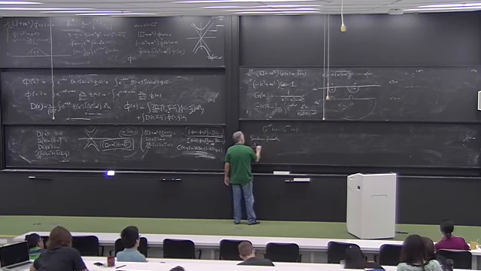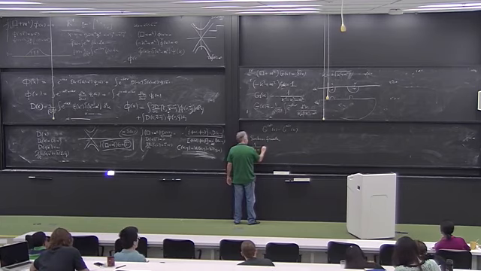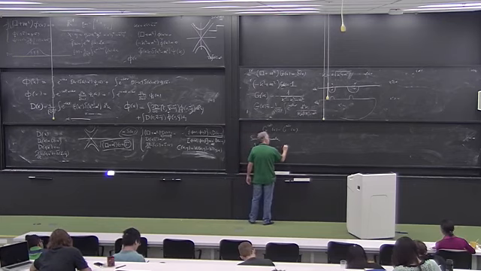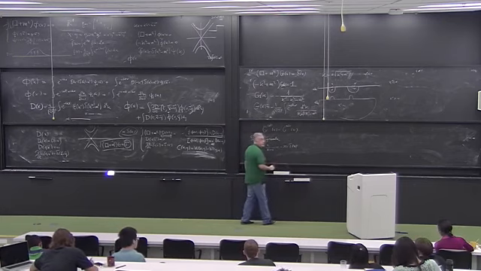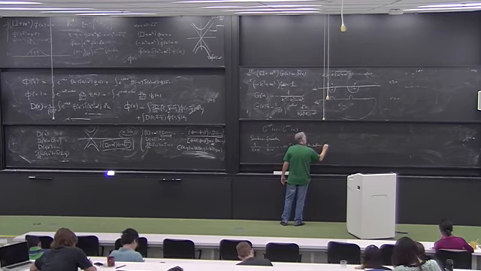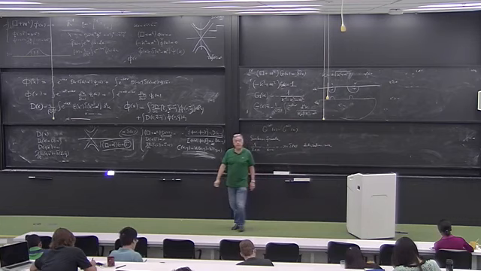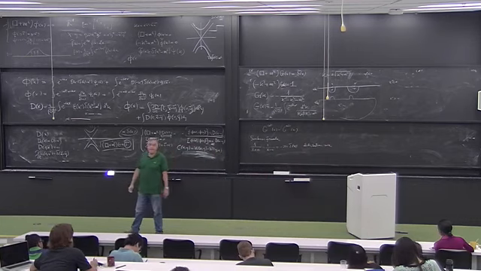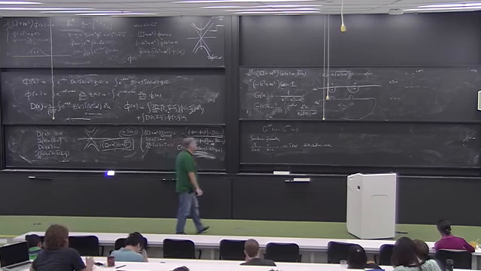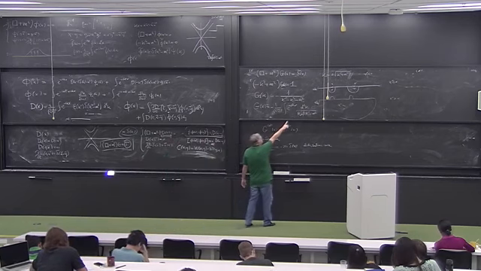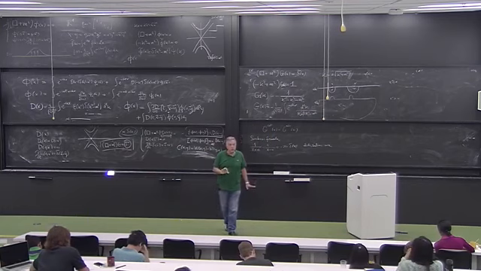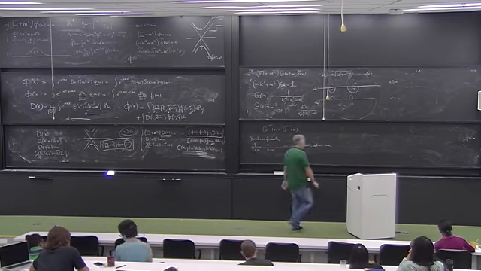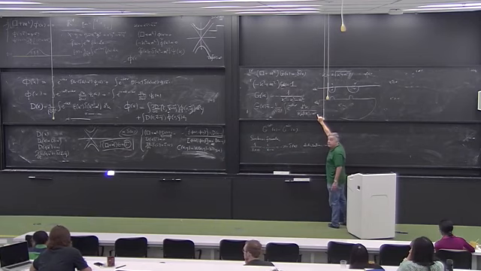That tells you that 1 over x plus i epsilon minus 1 over x minus i epsilon is minus 2 pi i delta of x in the distribution sense. So let us use this formula to compute this difference without really doing this integral.